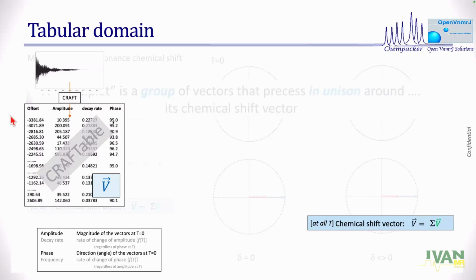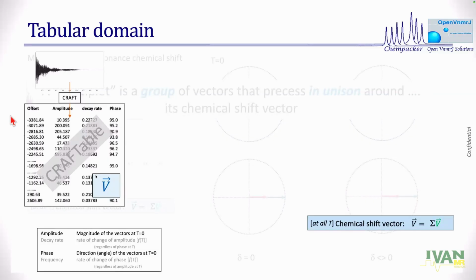That has been discussed in several workshops in the past, so I'm not going to go there. I'm just going to say, if that description happened properly, then this table has enough elements to describe that FID, and each one of those elements is a vector that contributed to that FID.